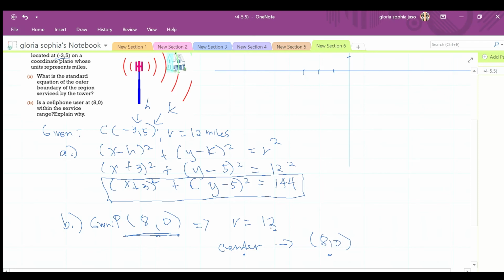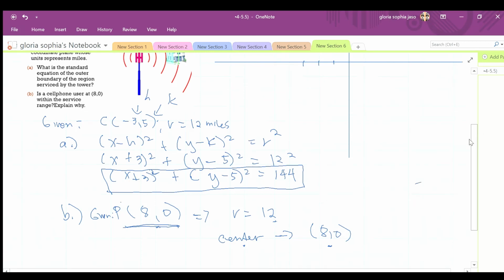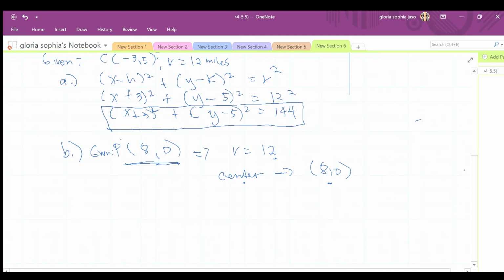So, let's get it using the distance formula. What is our center? Our center is at negative 3, 5.